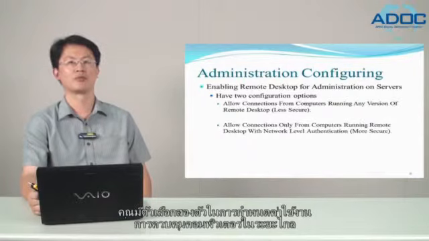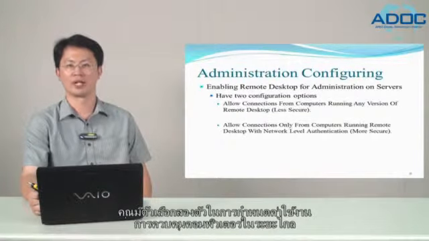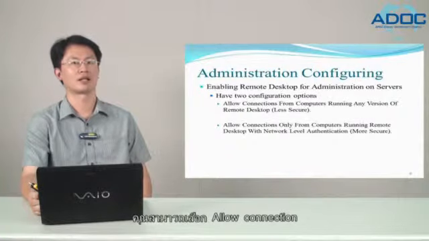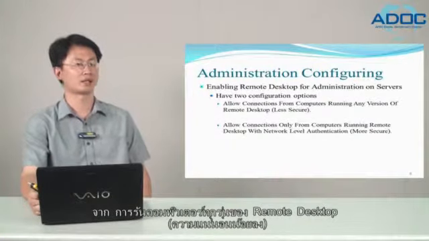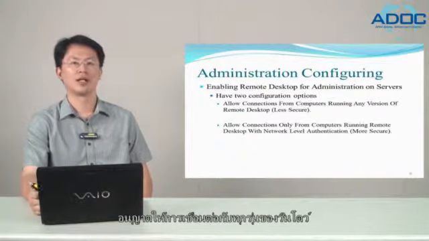And you have two configuration options for enabling remote desktop. You can select allow connections from computers running any version of remote desktop, less secure, to allow connections from any versions of Windows.